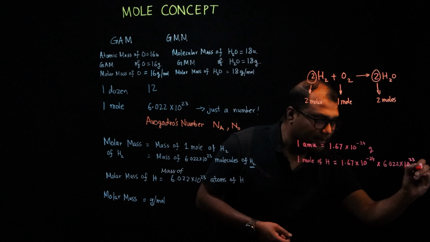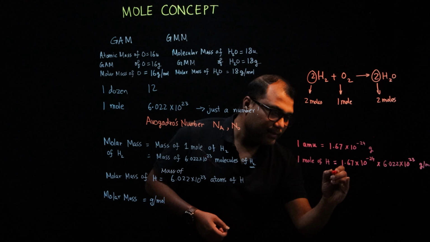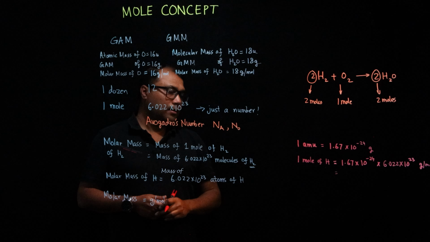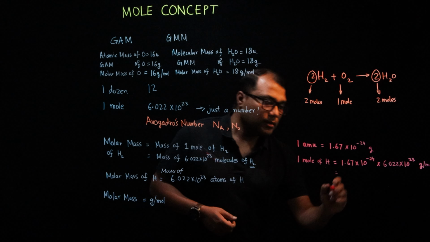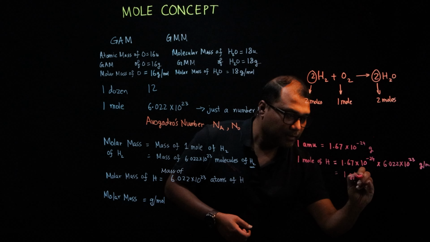So that many grams per mole, right? Now if we multiply this, what happens? It is 1 gram per mole.